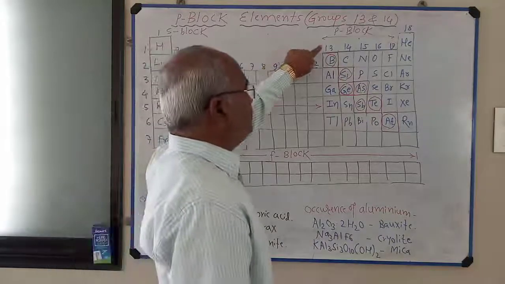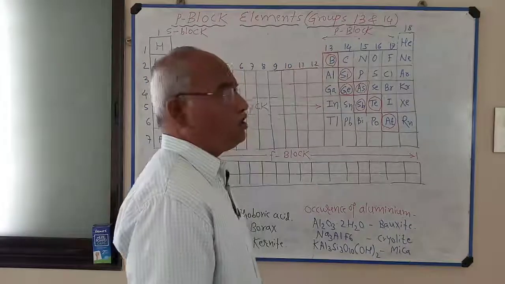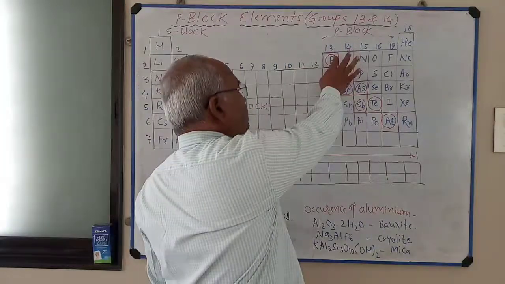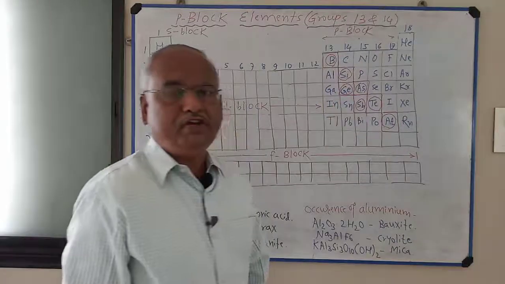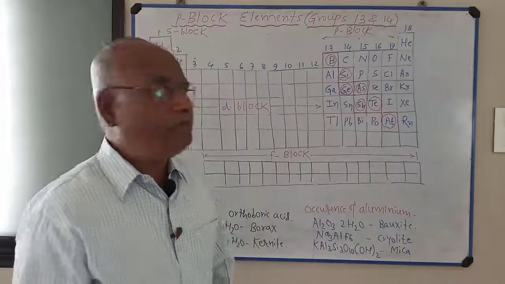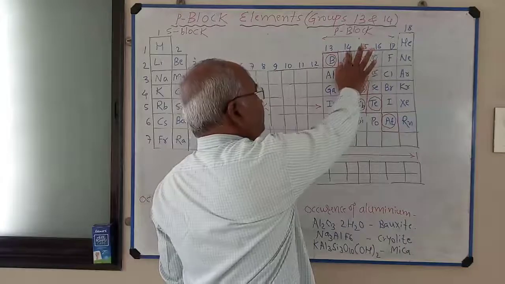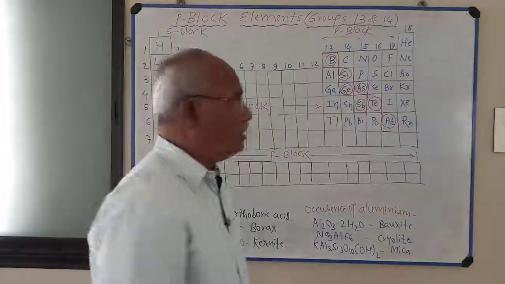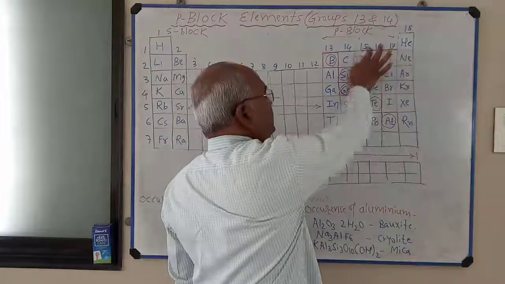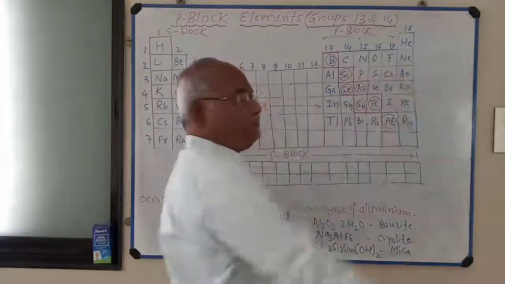Group number 13 contains boron. It is called the boron family. Group number 14 is the carbon family. Group number 15, nitrogen family.